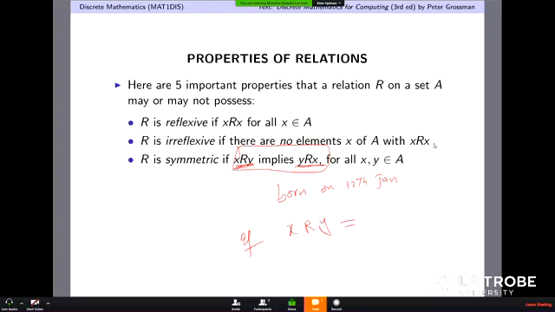This also means then y is related to x. Because if x is born on 12th January as y, that means conversely it is also true. Put it this way. If x is a sibling of y, that means y is also a sibling of x. Yeah? So this property is called symmetric property.